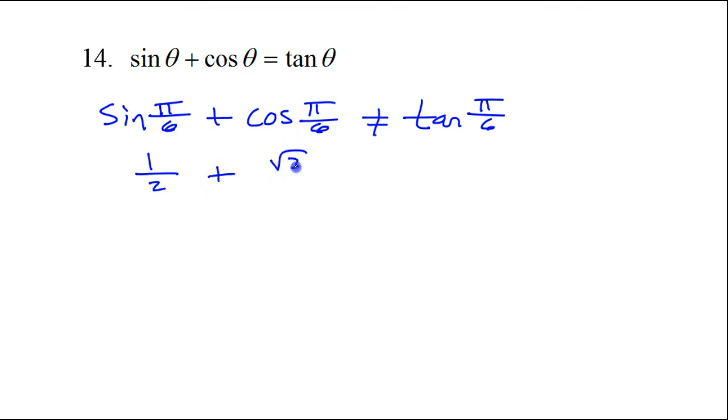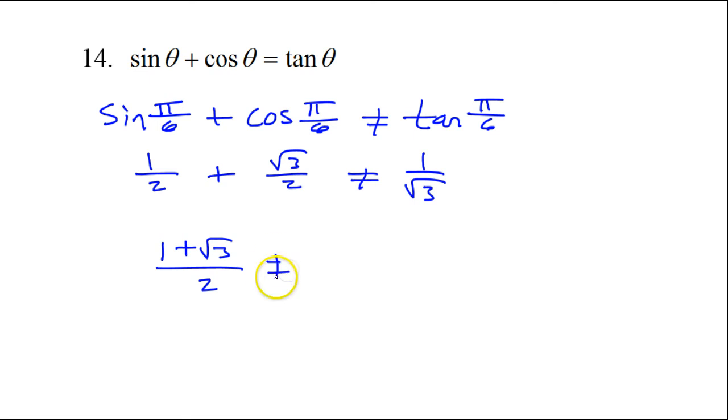Cosine of pi over 6 is radical 3 over 2. The tangent of pi over 6 is 1 over radical 3. These are like denominators, so that'll be 1 plus radical 3 over 2, which does not equal 1 over radical 3.